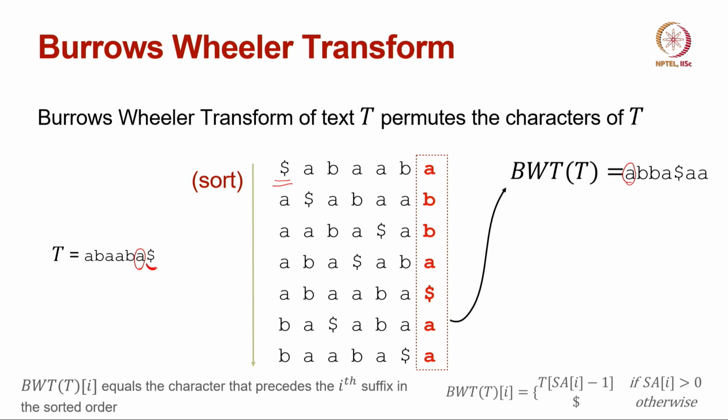Now, the next suffix in the sorted order is A dollar. If you look at the A dollar string, the character that precedes it is B. Therefore, the next character of my Burrows-Wheeler transform is B. I can generalize this by saying that the ith character of Burrows-Wheeler transform is the character that precedes the ith suffix in the sorted order.